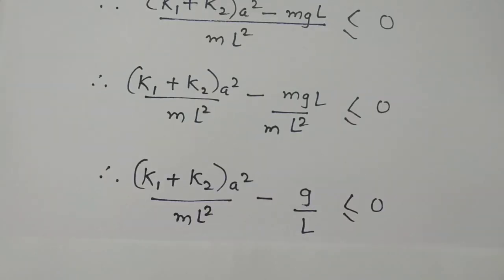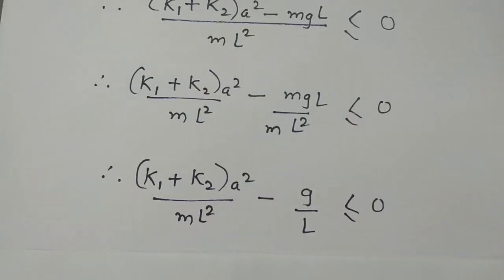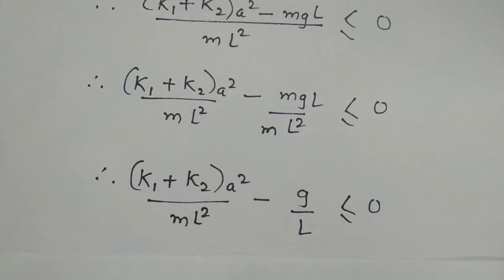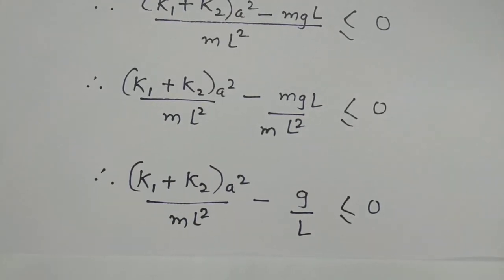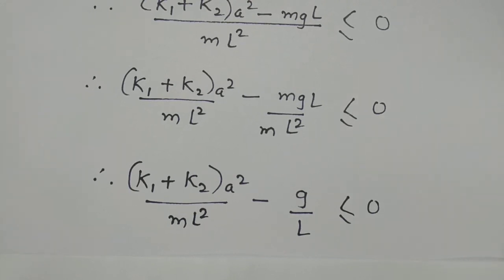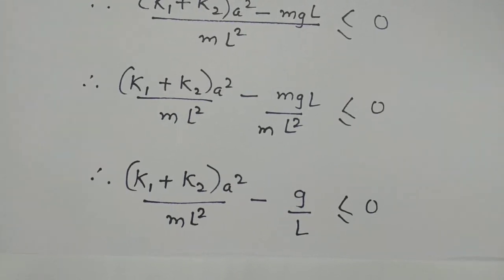We write the above equation as (k1 plus k2) a square divided by mL square minus g divided by L, less than or equal to 0.